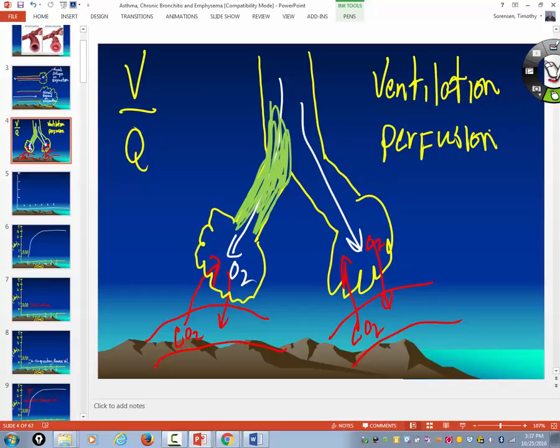The result is that you're not going to be able to ventilate these, but in people with chronic bronchitis, they still perfuse these, for reasons unbeknownst to me. So they're going to perfuse these, but they're not going to be able to get any oxygen, and they're not going to be able to get rid of any carbon dioxide.